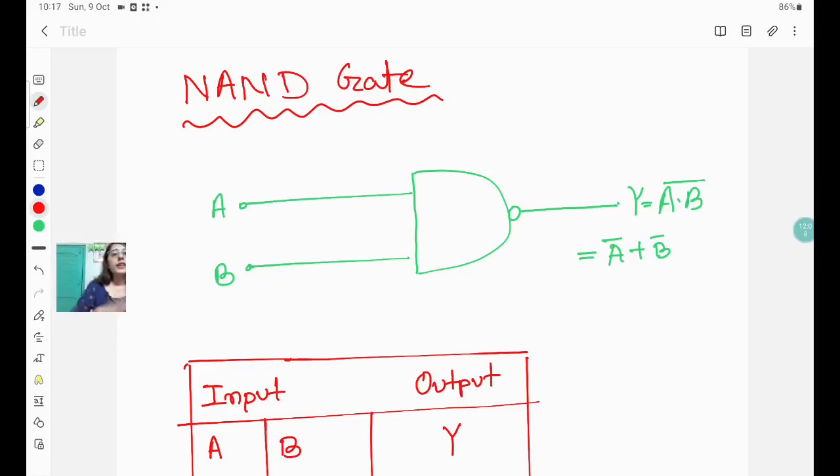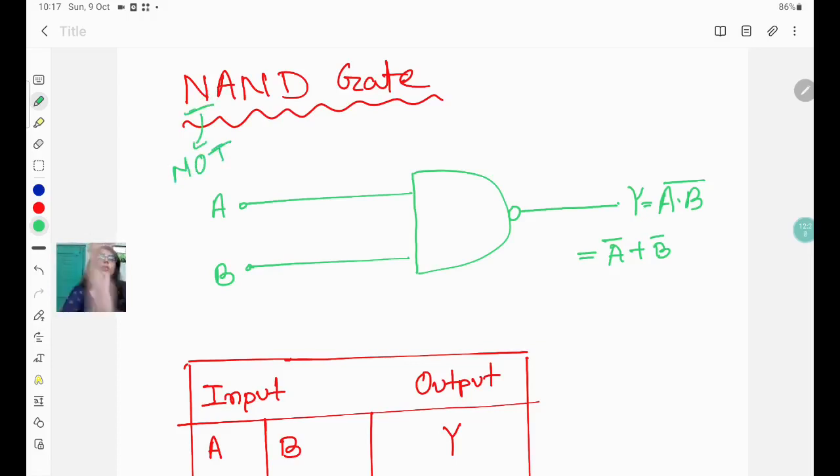So NAND gate, the circuit symbol of NAND gate is shown in the figure. That is, A and B are the inputs. Okay, NAND. This NAND has 2 parts. One is the NOT, and the other part is AND.